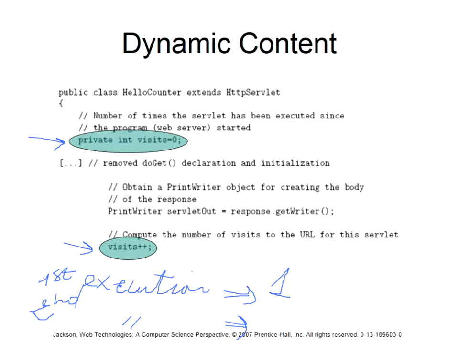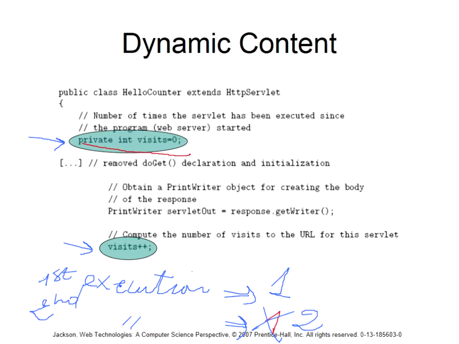Normally visits equals 0 here. The visits will be 0. After that, visits plus plus will be 1. But really, not 1, we will obtain 2. Why 2, not 1? Sabrin, why 1 for the first execution, and why 2 for the second execution?